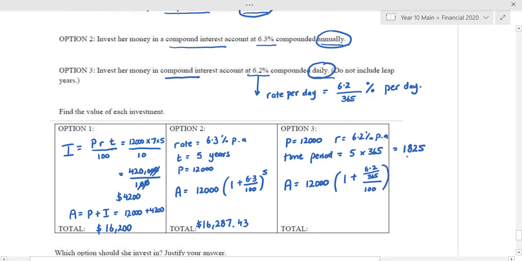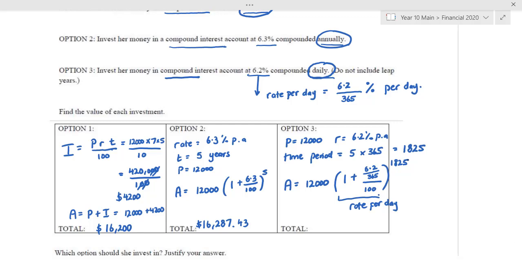And this is the rate per day. So what we want to find is how many days. So that's 1,825 days. I can put it in the calculator exactly like that.